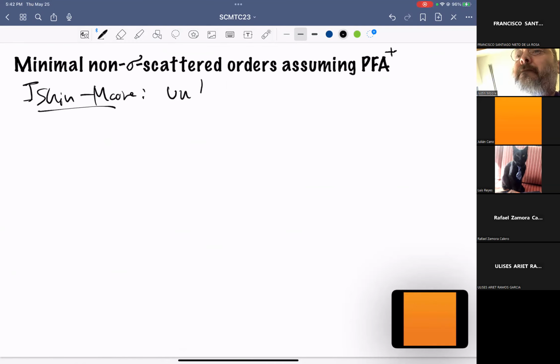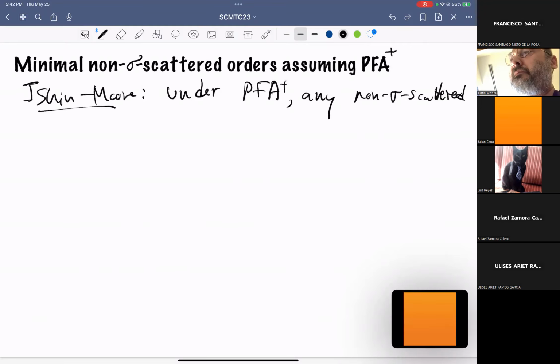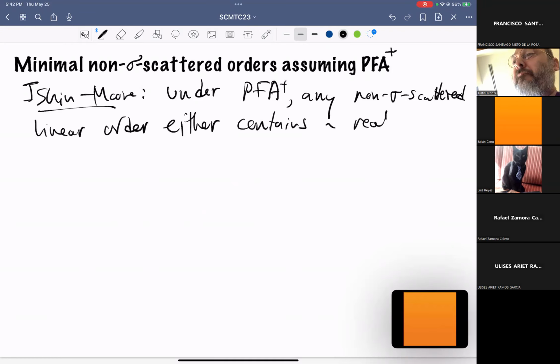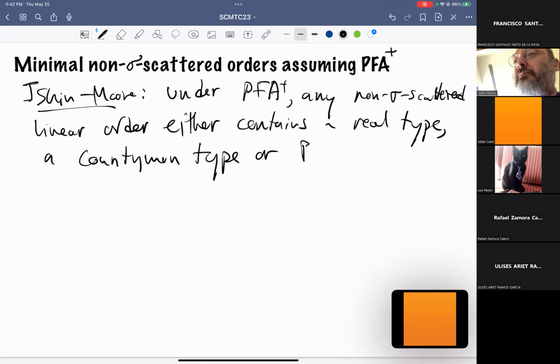We showed that under PFA plus, any non-sigma scattered order either contains a real type, a Countryman type, or Baumgartner's example or its reverse.